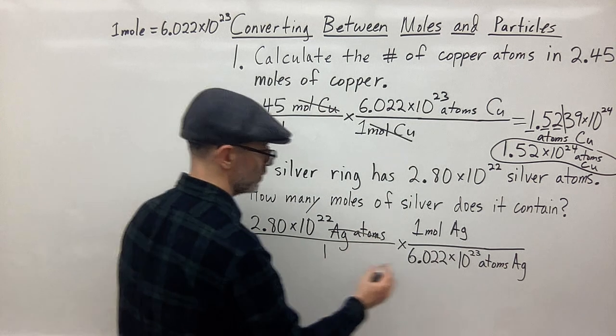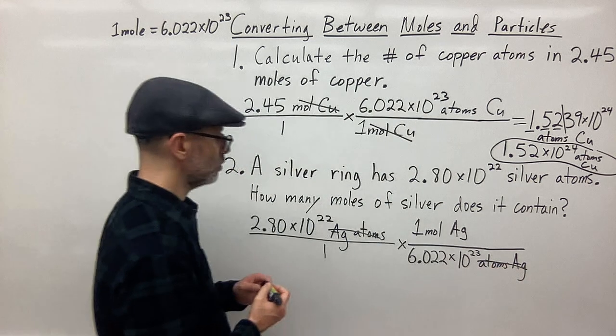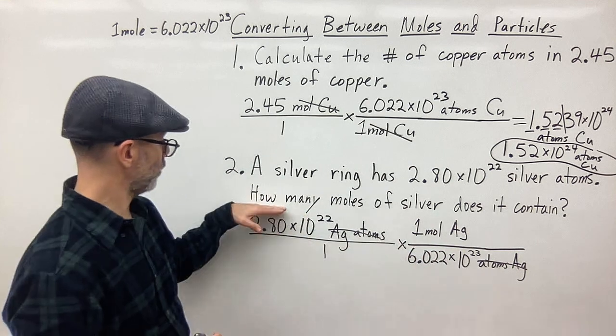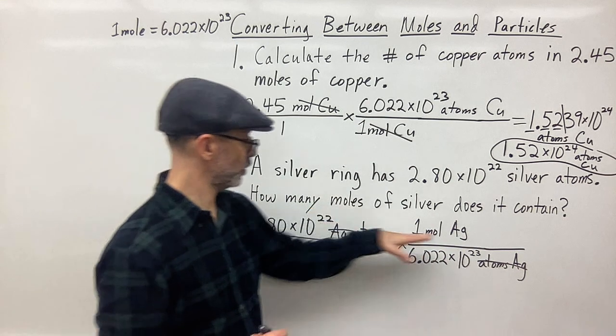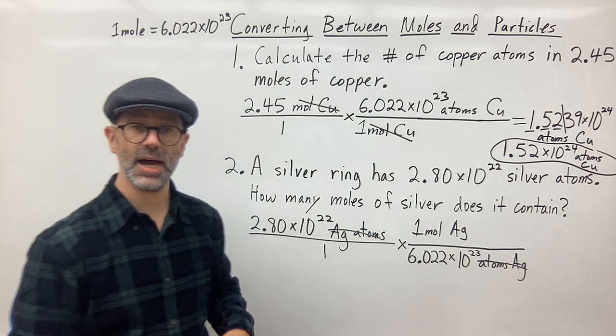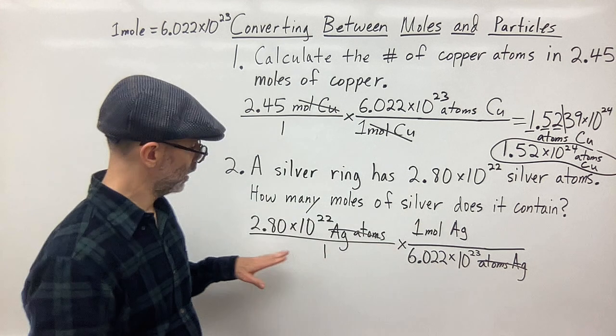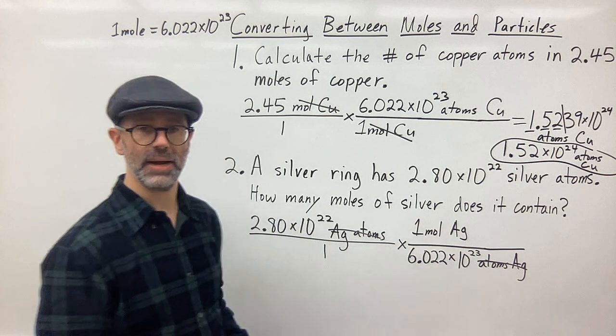So atoms of silver cancel out. Now I have moles on top. That's what they're asking for. They want to know how many moles of silver. I got moles of silver on top. I am done. So now all I need to do is multiply across top, divide by what's on the bottom, and I get my answer.